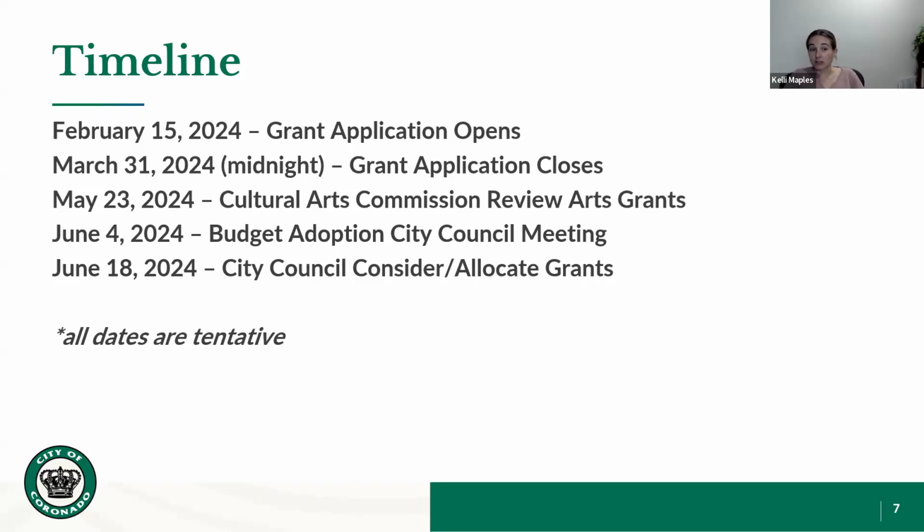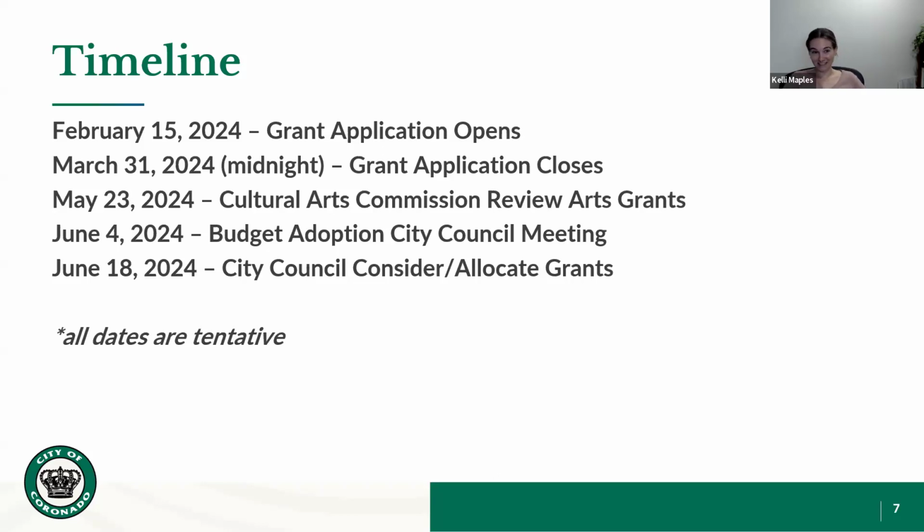The grant application will close 6 weeks from then, which will be March 31st at midnight. March 31st is a Sunday, so I recommend working to get it done on the Friday, because I'm not going to be working Sunday night at midnight.